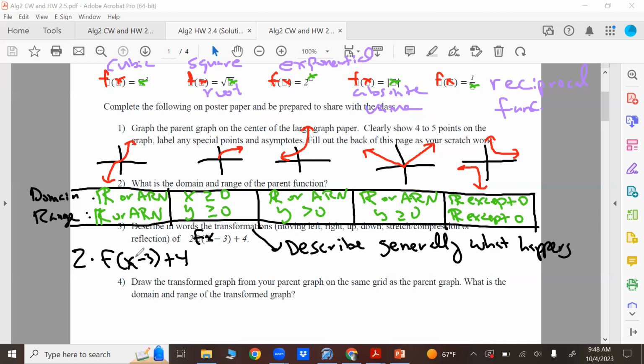Okay. So that's what goes in the boxes. First box is an x, second box is an x. So what this means is you multiply the function by 2, subtract 3 from x, and add 4 to the outside. So that's what's happening again.